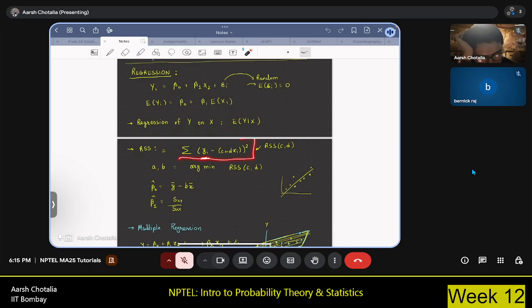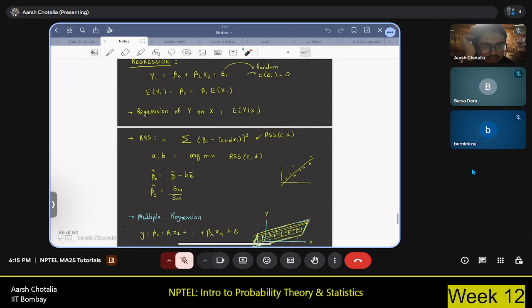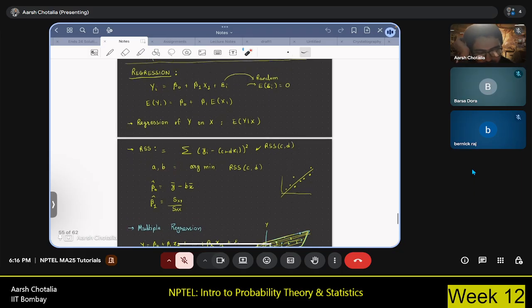So the sum over all these errors gives you the RSS, the residual sum of squares. And then the question you ask is what is the value of c and what is the value of d which will minimize this error. So this is in some sense least squares approximation. And those a and b you calculate would be our estimators for beta naught and beta 1.